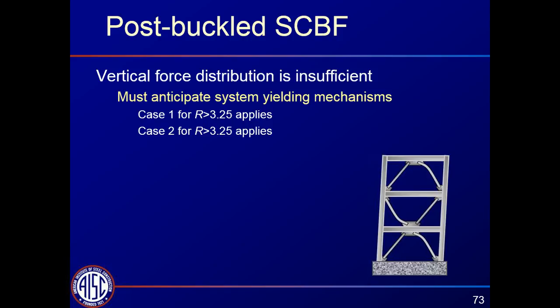There's a special analysis required for many of these ductile systems, and that analysis has to do with the effect on the frame of the maximum forces from the braces. So if you turn to F2.3, which is where the analysis requirements are for this system, there are two different sets of analysis requirements for special concentrically braced frames.